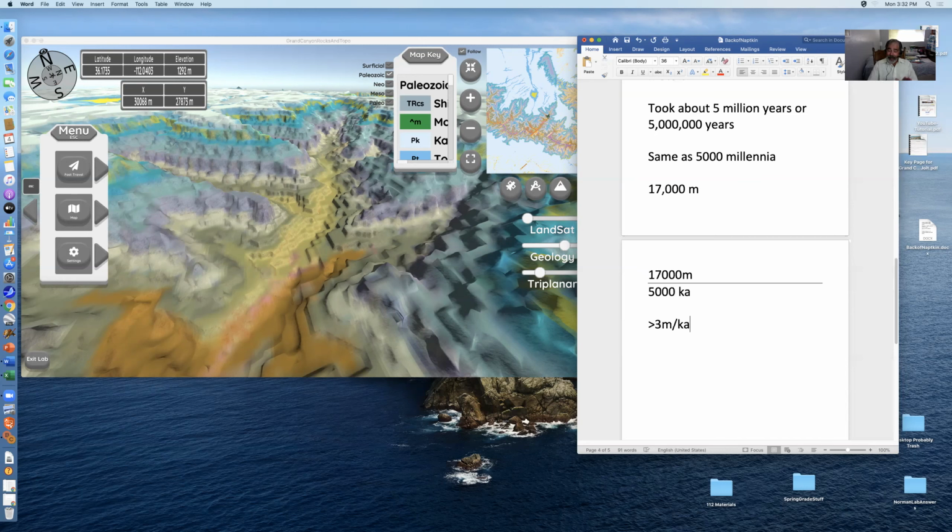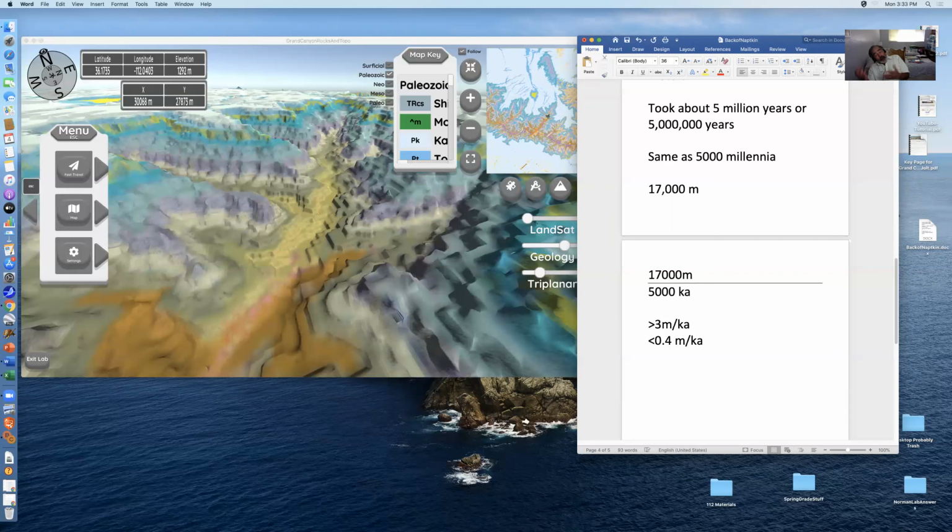So the rate of the Bright Angel Canyon eroding headward is a little more than 3 meters per 1,000 years. And if you remember the rate of incision, it was less than 0.4 meters per 1,000 years.